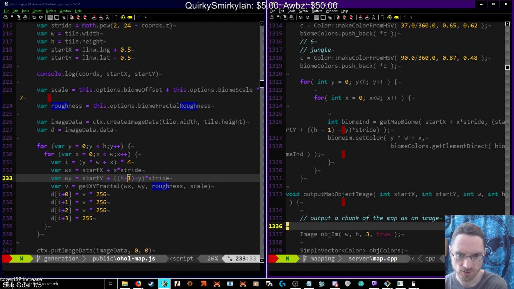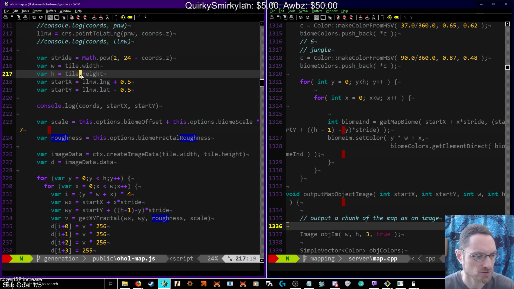And so we're just skipping coordinates. And this is iterating over tile size. So this is image space.